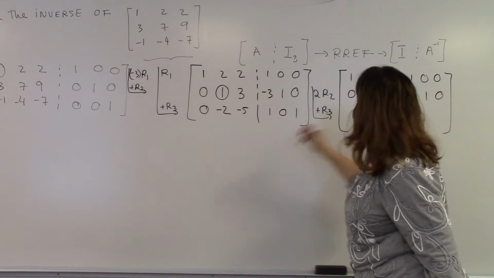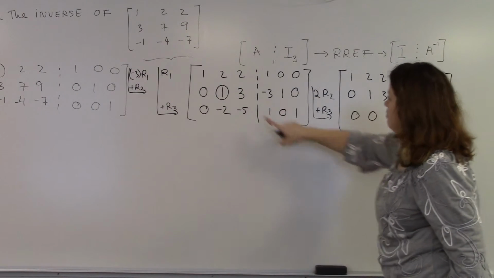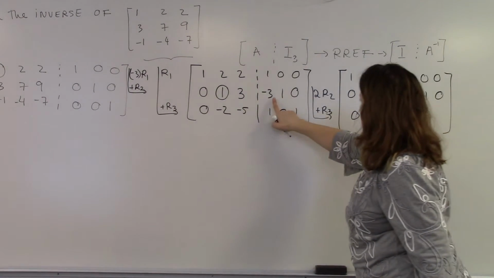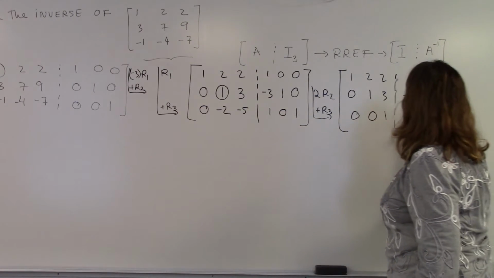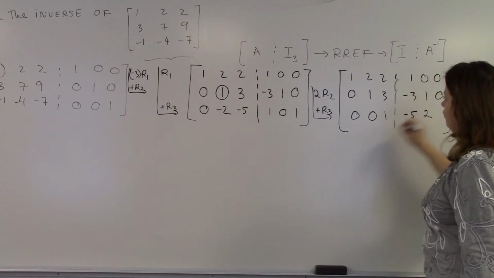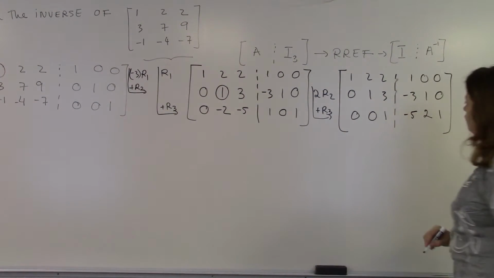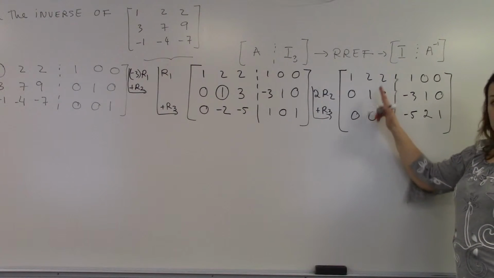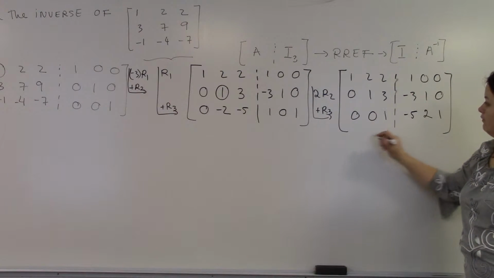And that becomes 0. 2 times 3 is 6, minus 5 is 1. -6 plus 1 is -5. 2 plus 0 is 2. And that's just 1. Okay, so now this matrix is in row echelon form.